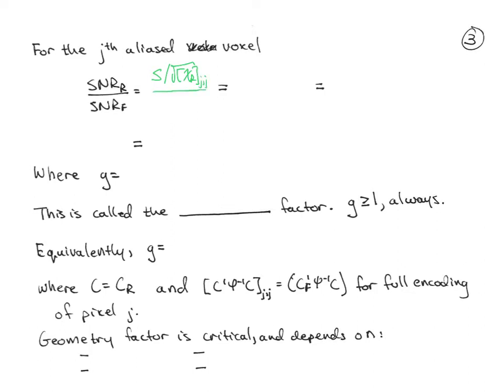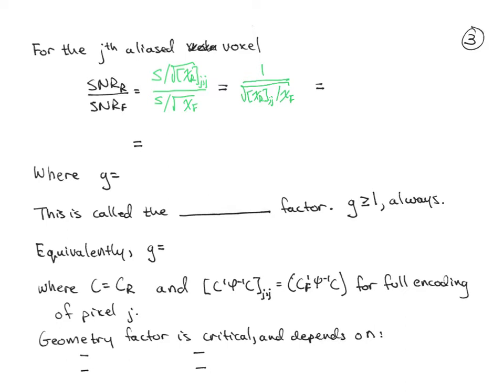Because remember chi sub r is a matrix, so if we want the variance, we need to take the jth location, which is on the diagonal of that matrix, divided by S over the square root of chi sub f, the variance of the fully encoded acquisition. Now, of course, the S's cancel out, and we can simplify this to 1 over the square root of chi sub r at the jth location divided by chi sub f.